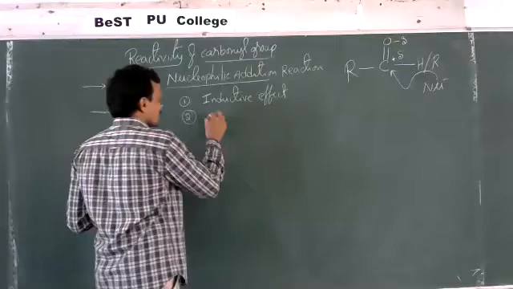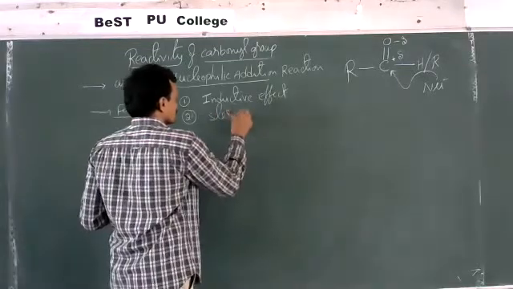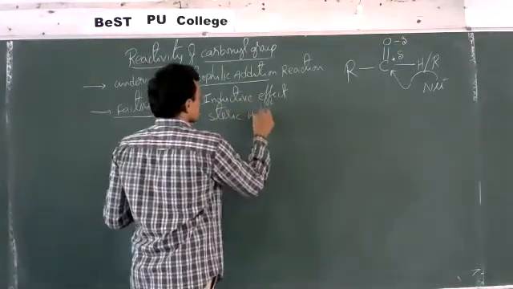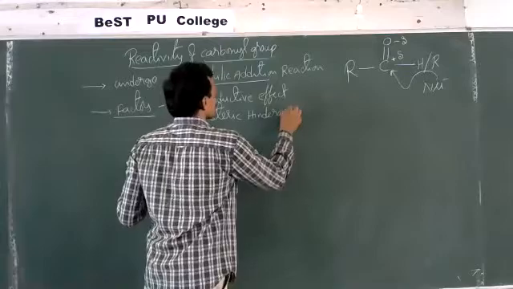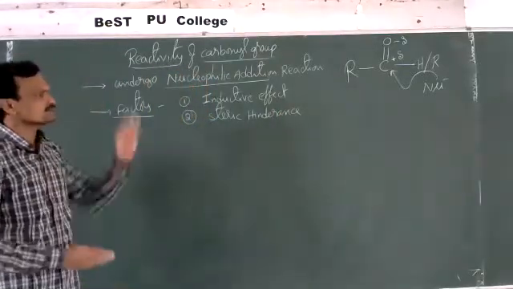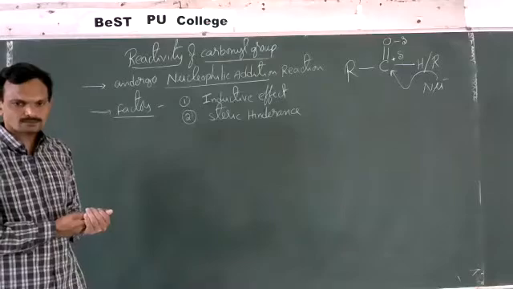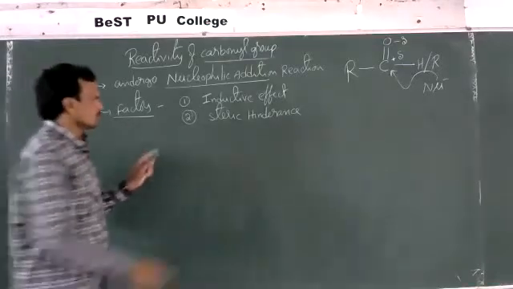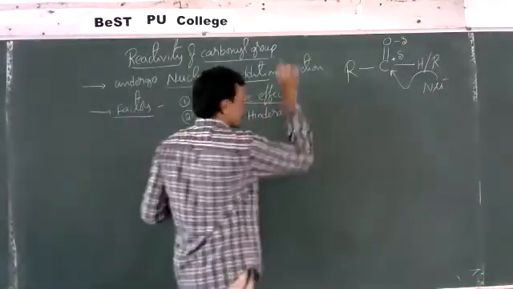The second factor is steric hindrance. So these are the two factors which can decide the reactivity of aldehydes and ketones. Now, with respect to inductive effect, we'll discuss first.